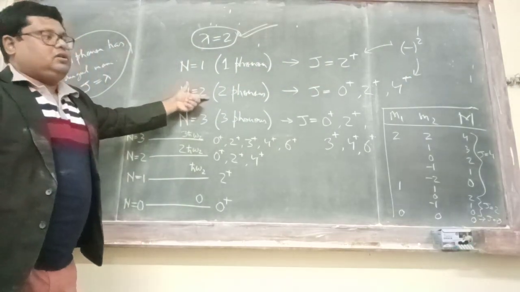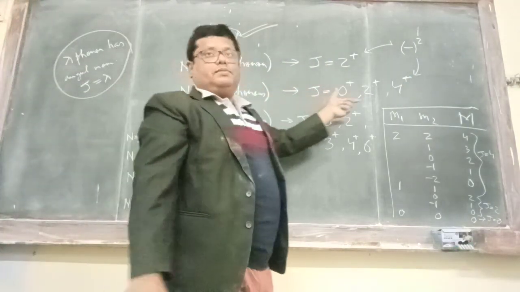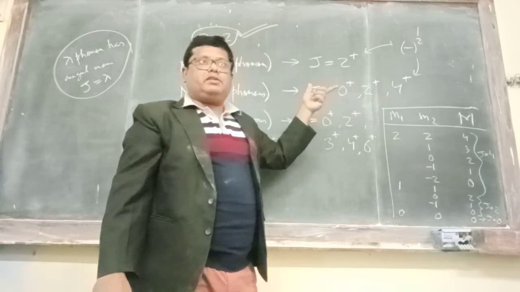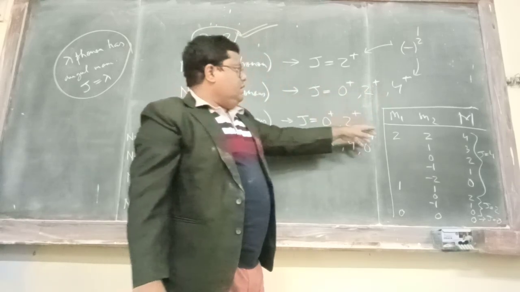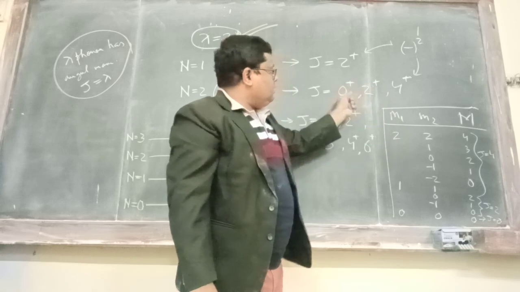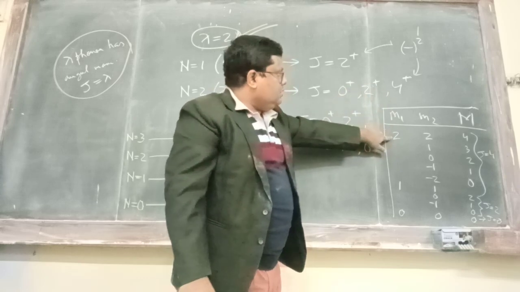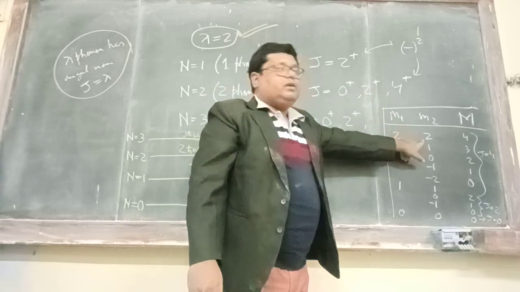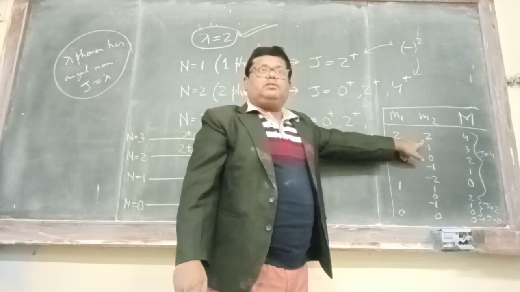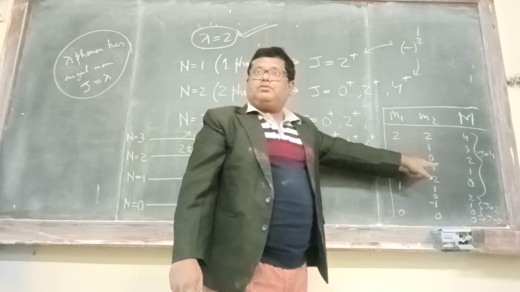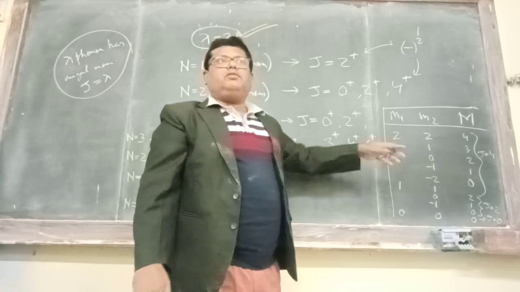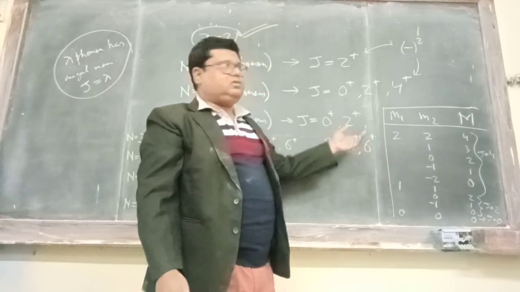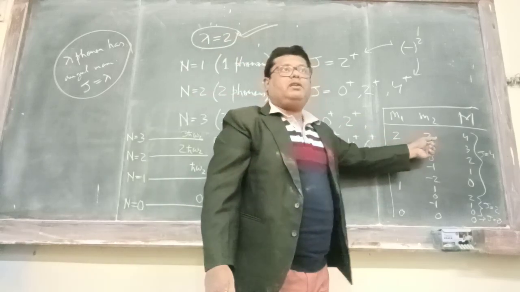Next, n is equal to 2. Two phonons. Now, similar to the M scheme which we did previously in the shell model, you can do the same stuff. You see, M1 is equal to 2. Previously, when they were fermions, we used to put different values of M, right? But now there is no restriction because they are bosons. So we can have identical M values as well.